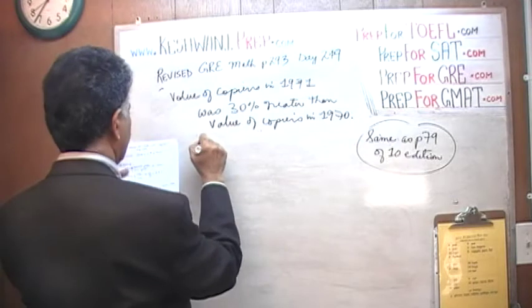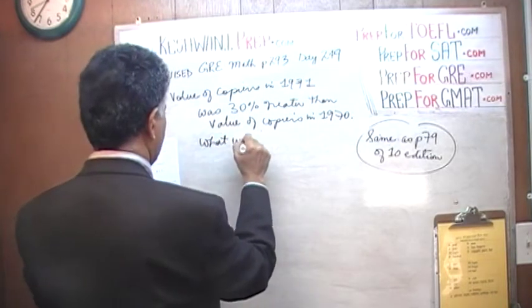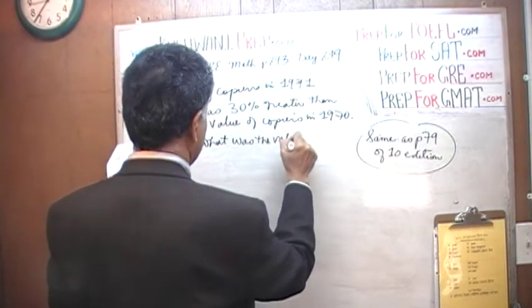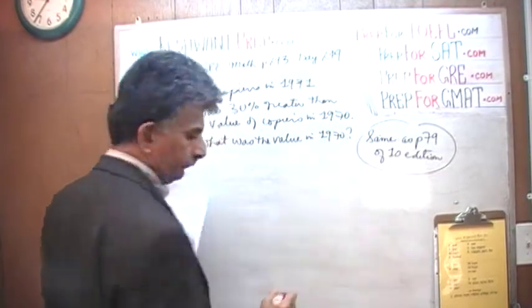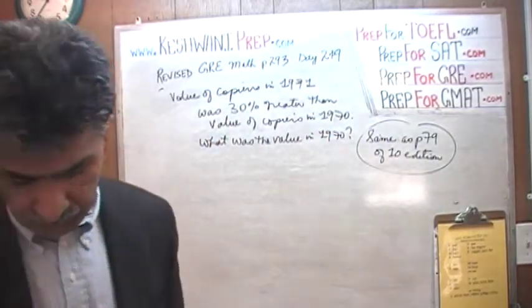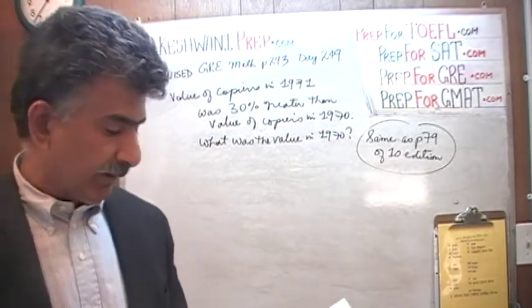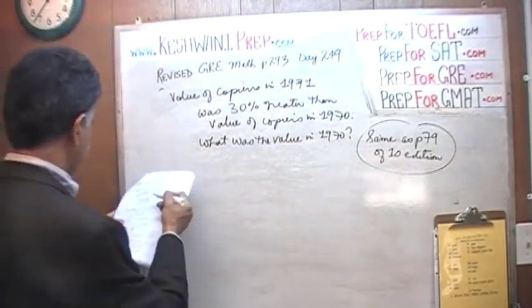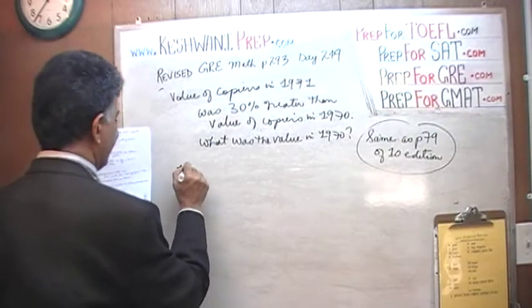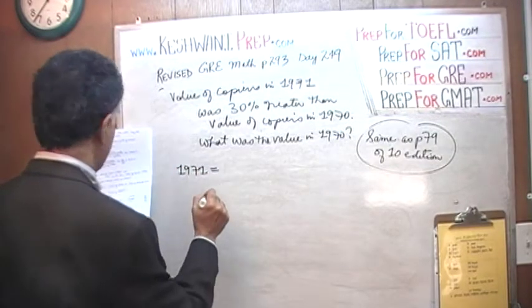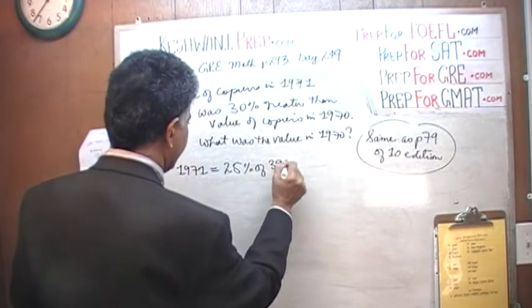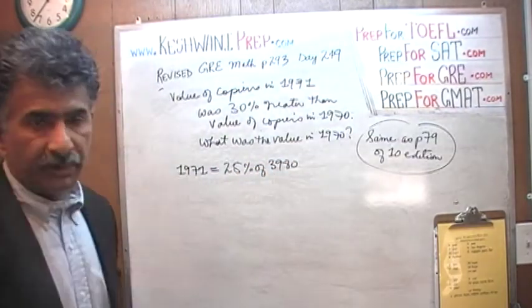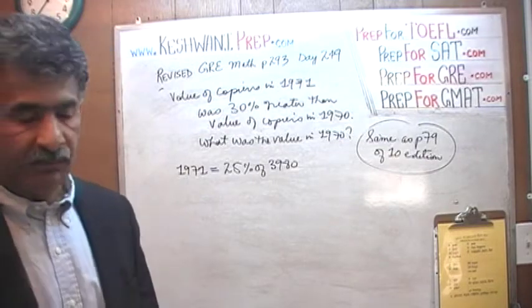The question is, what was the value in 1970? And of course the chart that we have in front of us pertains to 1971. So we know now that in 1971, if you look at the graph, it is 25% of 3980.